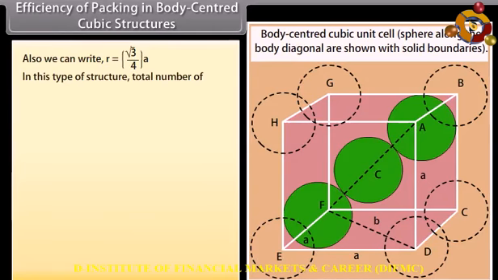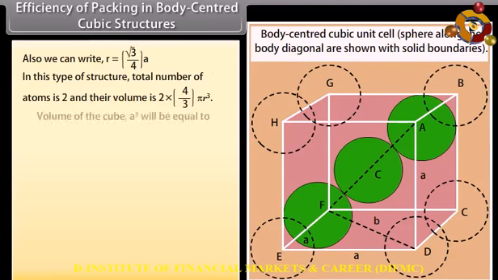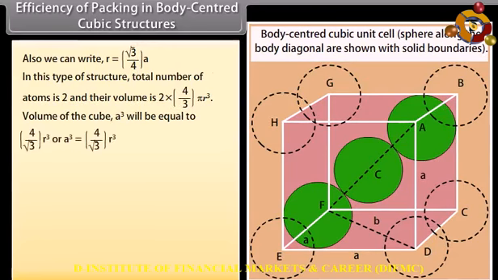In this type of structure, the total number of atoms is 2 and their volume is 2 into 4/3 pi r cube. Volume of the cube, a cube, will be equal to (4 upon square root 3 r) cube.